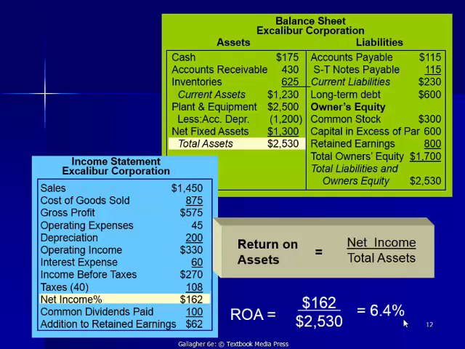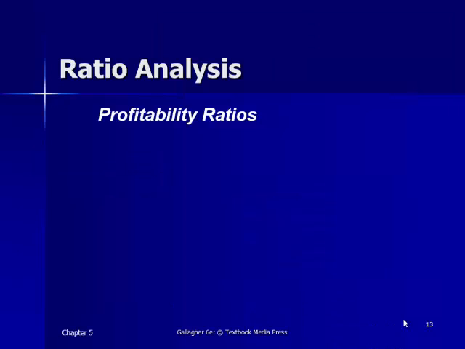Some firms are very asset intensive, such as a manufacturing firm. And so the denominator would be very large and this number would tend to be small. There are other companies, such as consulting firms, where the denominator total assets is relatively small, and this ratio would be expected to have a much larger value than you'd see for a manufacturing firm.